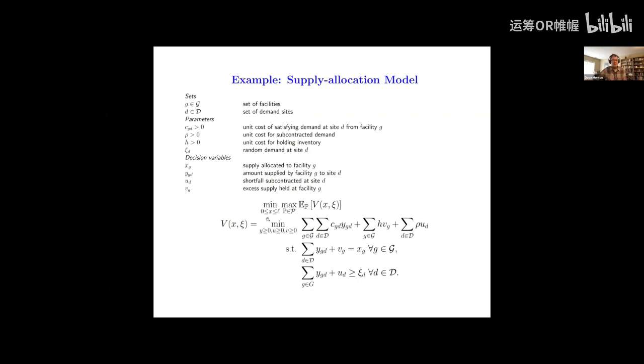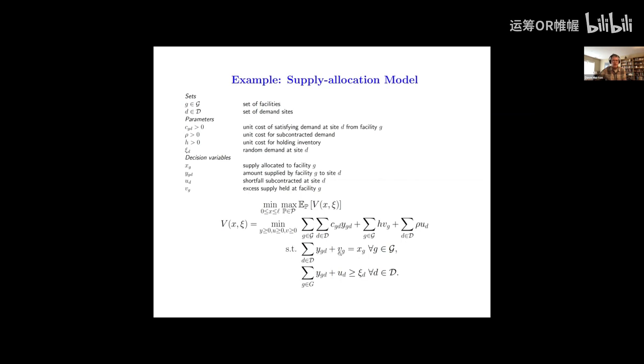So there's a minimization of this overall cost with respect to X. Nature is maximizing with respect to P. This value function says what? I installed capacity XG in facility G. Now I'm shipping from the facilities to the demand sites.